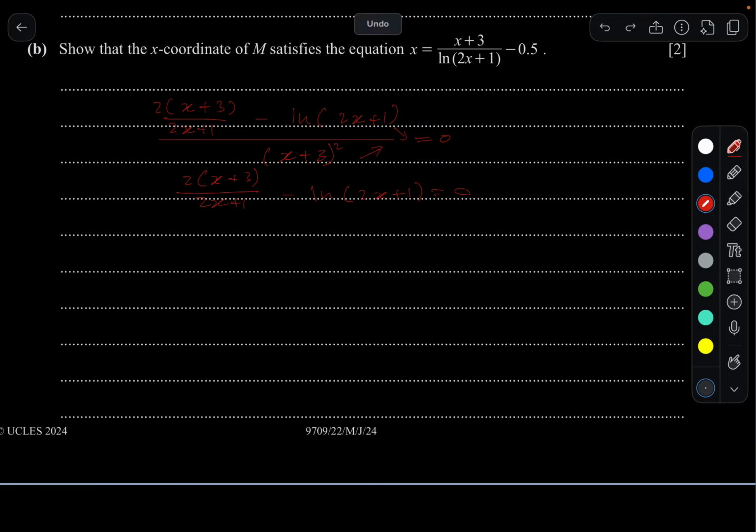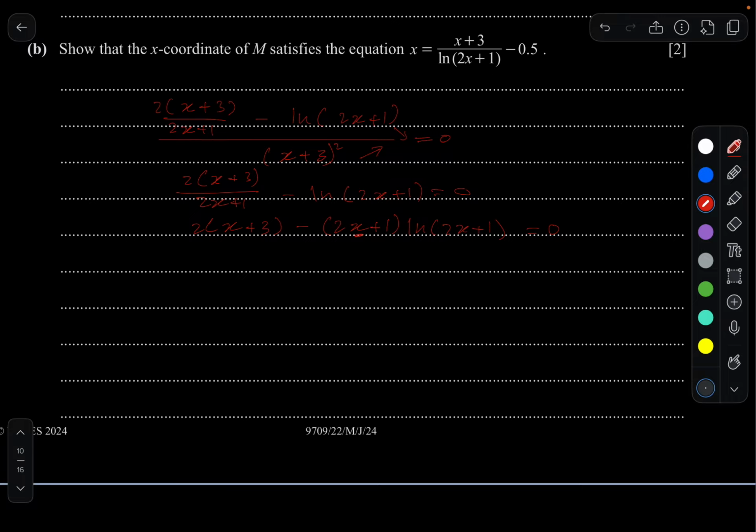I'm going to make one of these guys x the subject, so I'm going to multiply both sides by that. So it will be 2x plus 3 minus ln of 2x plus 1, and then this will be ln of 2x plus 1 equals to 0. So you can see that they actually make this guy x the subject.